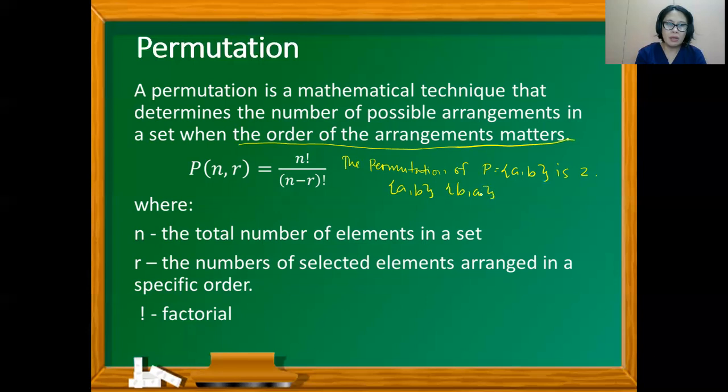Since in permutation the order of arrangement matters, AB is a different arrangement from BA. Although we have the same two elements, the order really matters.